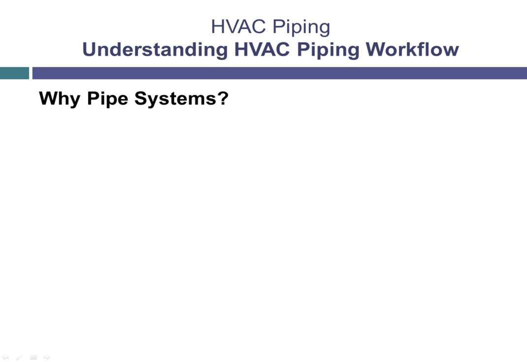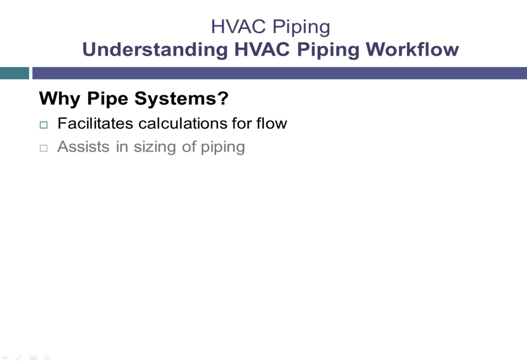You may be wondering why we should create piping systems in Revit. Piping systems are logical entities that facilitate calculations for flow and sizing of piping. Once piping systems are created in your model, you will have a better understanding of the piping systems in the project.